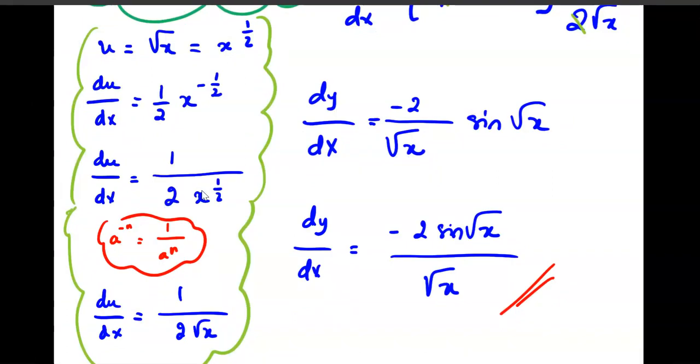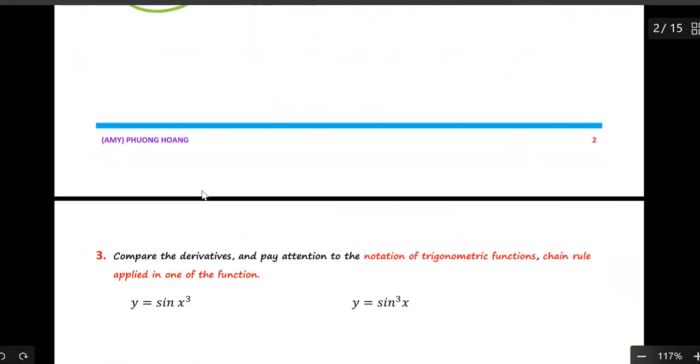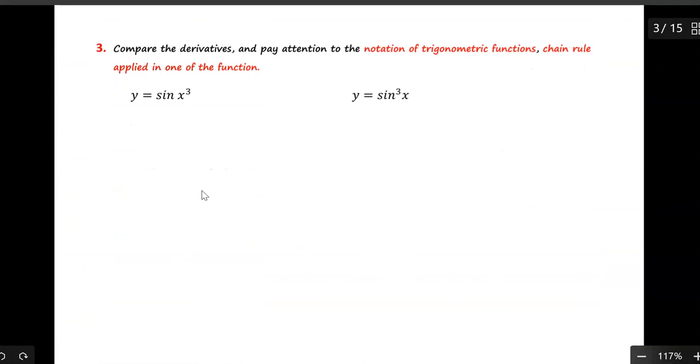Alright, so let's start with the next question. In the next question, I would like everyone to make a comparison between these two. So I have y equal to sine of the function x raised to the exponent 3.